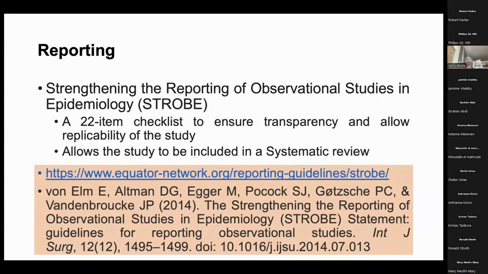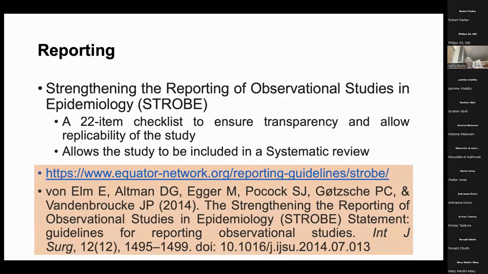It's a 22-item checklist to ensure transparency in the way a cross-sectional study was planned or conducted. It also allows replicability of the study. If somebody chooses to repeat the same study, and you followed STROBE, the Strengthening the Reporting of Observational Studies in Epidemiology, it will allow your study to be replicable in a similar setup.